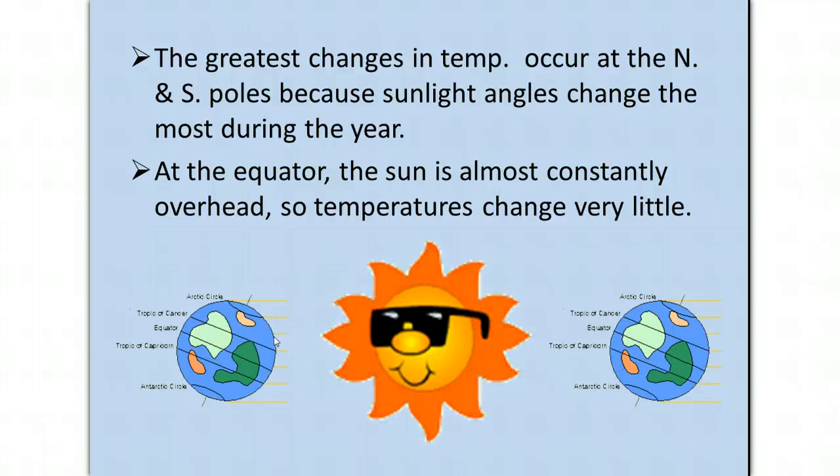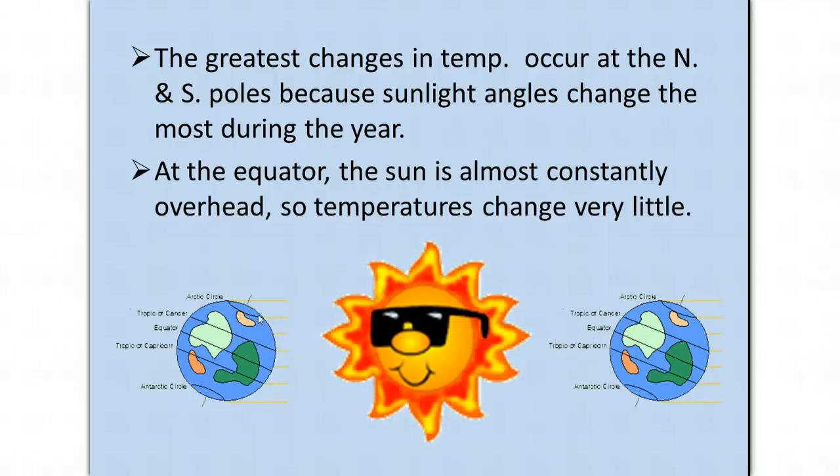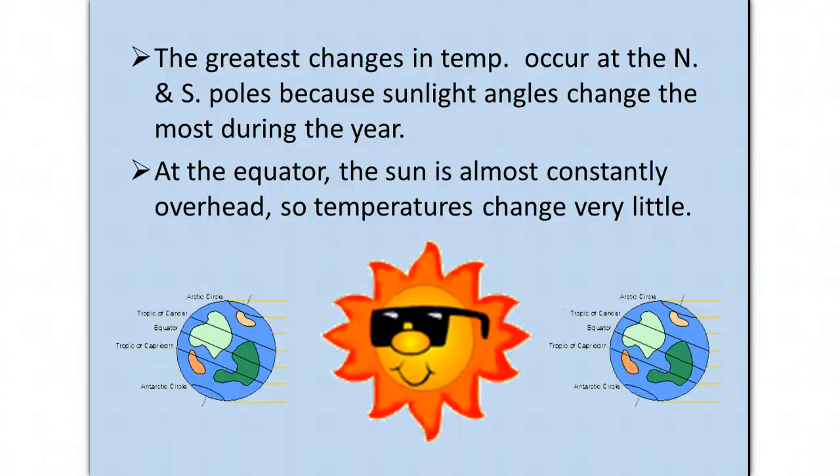Now you're also going to notice that here at the equator, the Sun is hitting it at the same angle, whether the Earth is tilted this way or that way. So that's why at the equator, the temperature here is pretty consistent, probably 75 to 85 all year round. Wouldn't that be nice?